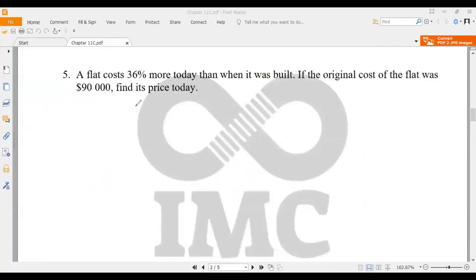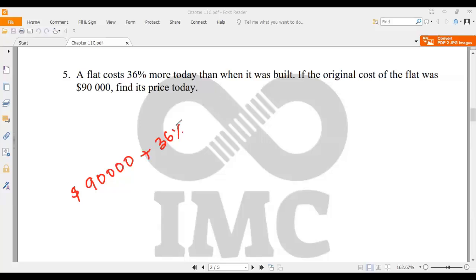Question number 5. A flat costs 36% more today than when it was built. If the original cost of the flat was $90,000, find its price today. So the original price was $90,000. Right now, the price will be increased 36%.